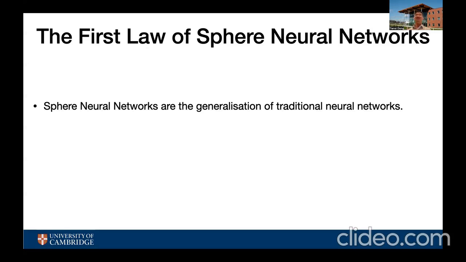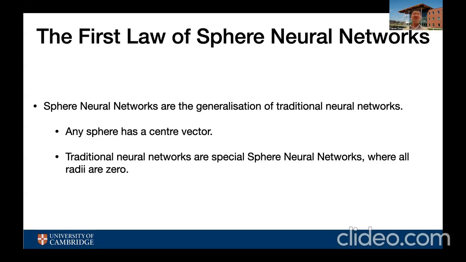Okay, if you have data, you can predict the center of the sphere. And the sphere network has boundary, the traditional network doesn't. This is the argument because any sphere has a central vector, and traditional neural networks are the special sphere neural networks where all radii are set to 0. So we established a relation between traditional neural networks and sphere neural networks.